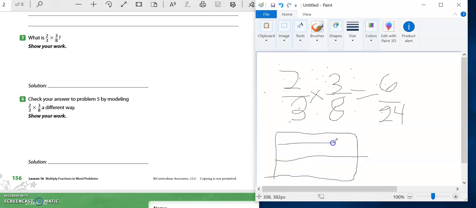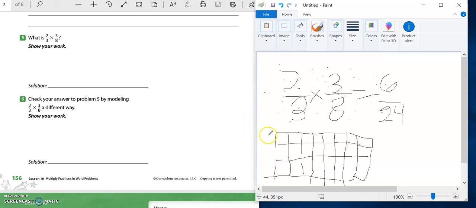I'm going to make 24 blocks. 1, 2, 3, 4, 5, 6, and then just do one more, 7. So that'll give me a total of 1, 2, 3, 4, 5, 6, 7, 8. And this gives me 8, 16, 24.